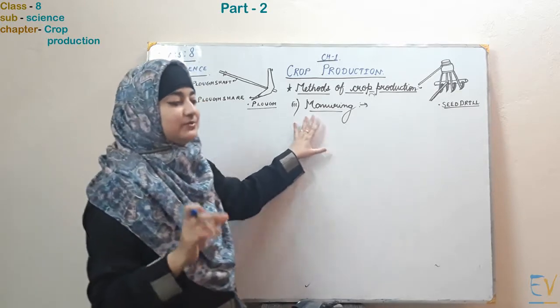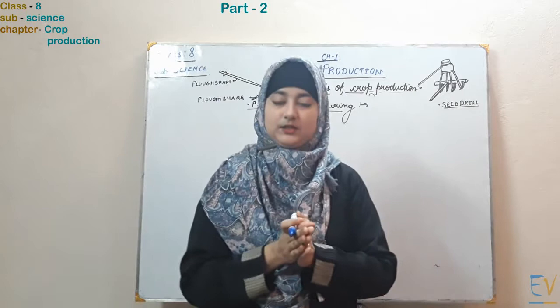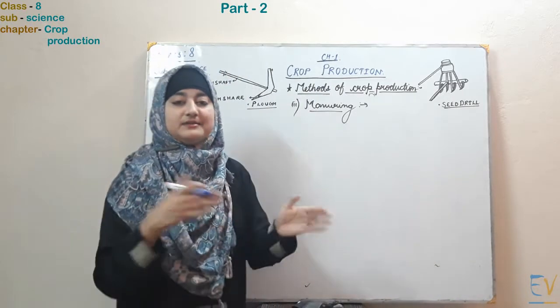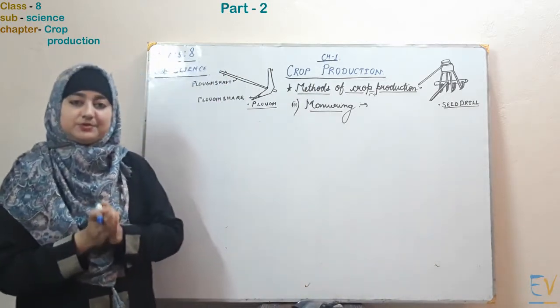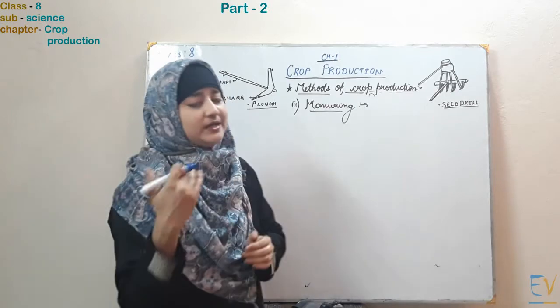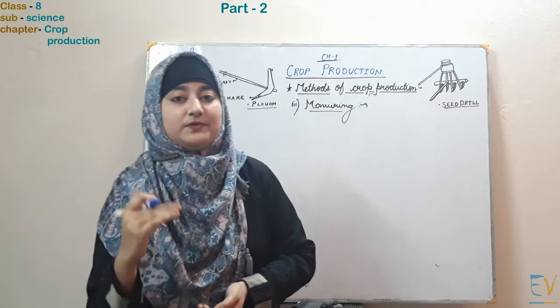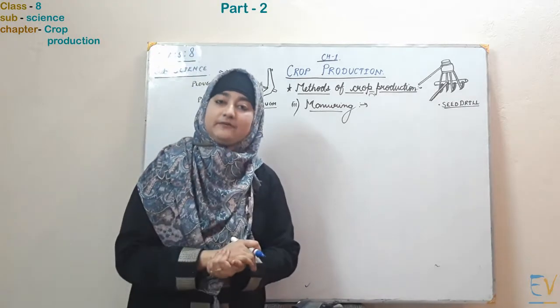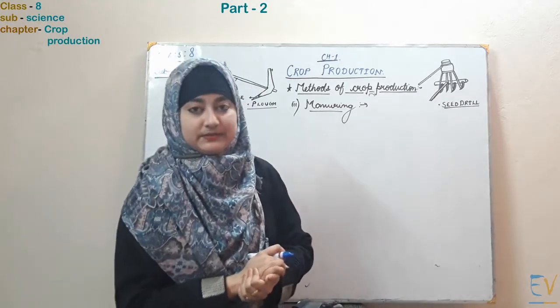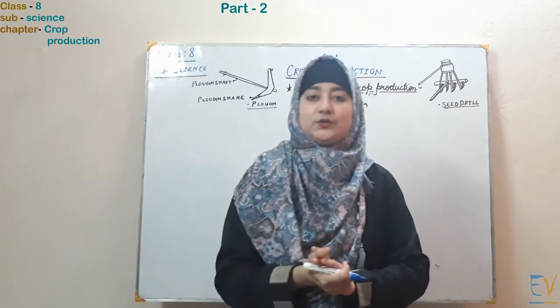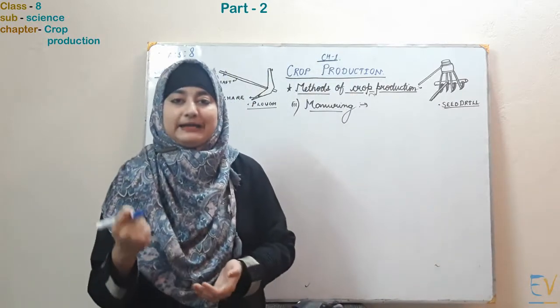Now, my question is, why is manuring essential? Why do farmers apply manures from time to time? See, over cultivation of crop generally causes deficiency of nutrients, because we all know that plants for their growth and development require nutrients which are there in the soil. So those nutrients are generally used up by the crops.